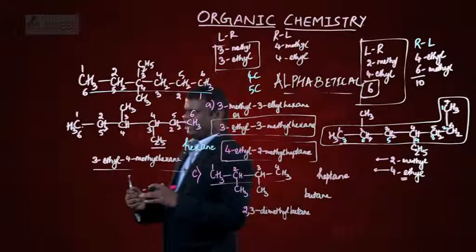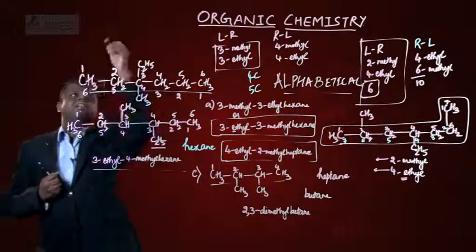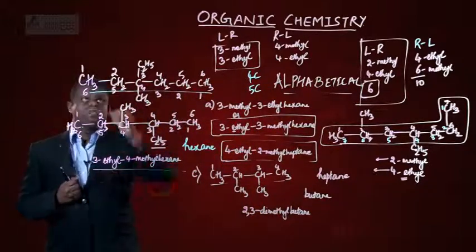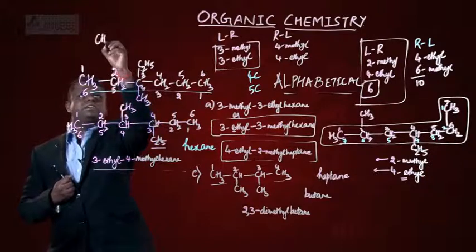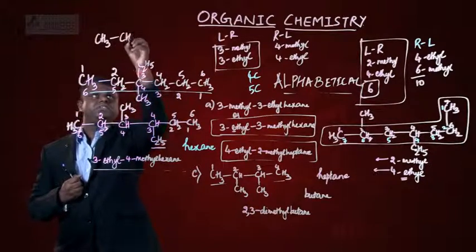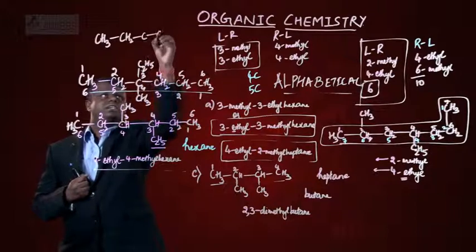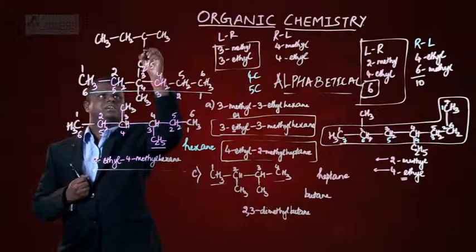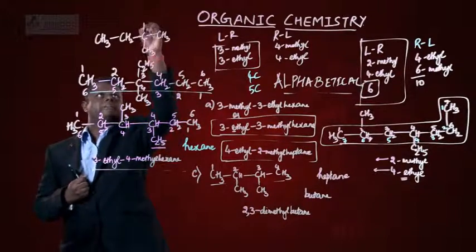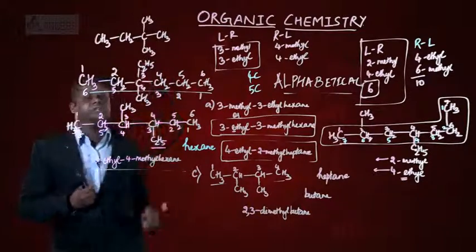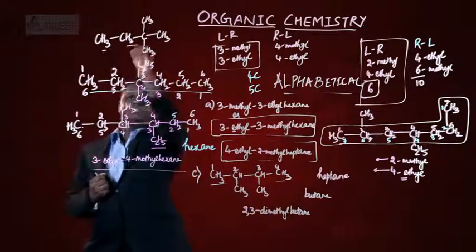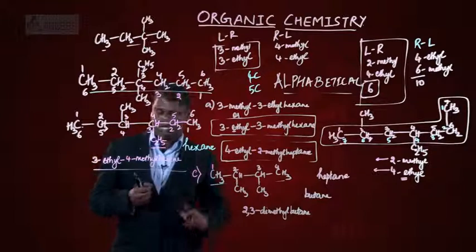Let's take one very simple example. Okay, so let's do it here. CH3, CH2, C, CH3, CH3, CH3. So clearly this is the longest chain. The longest chain contains 4 carbon atoms.